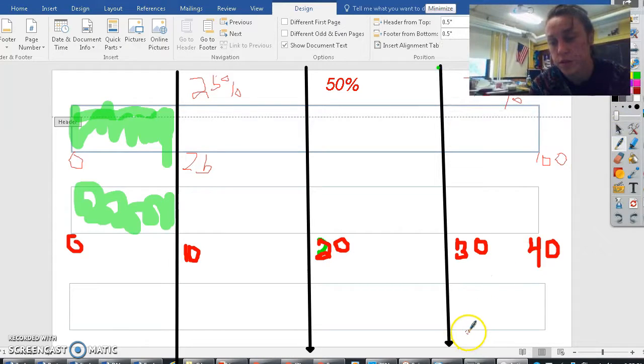This is actually at the end, 72, and this is 0 because that's our part. So we have 12% of 72.